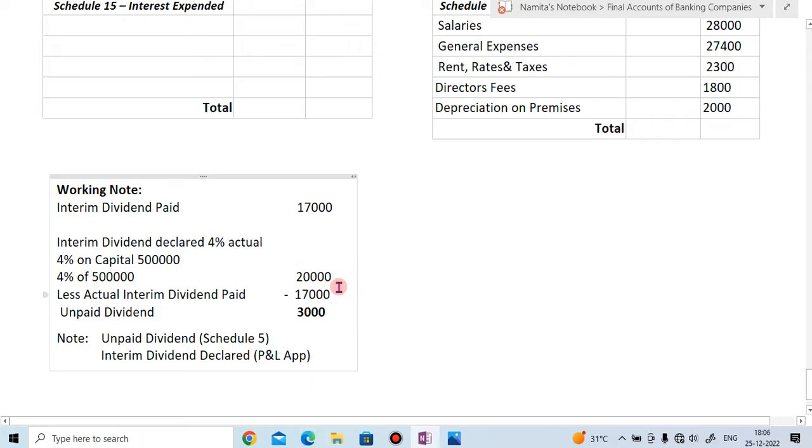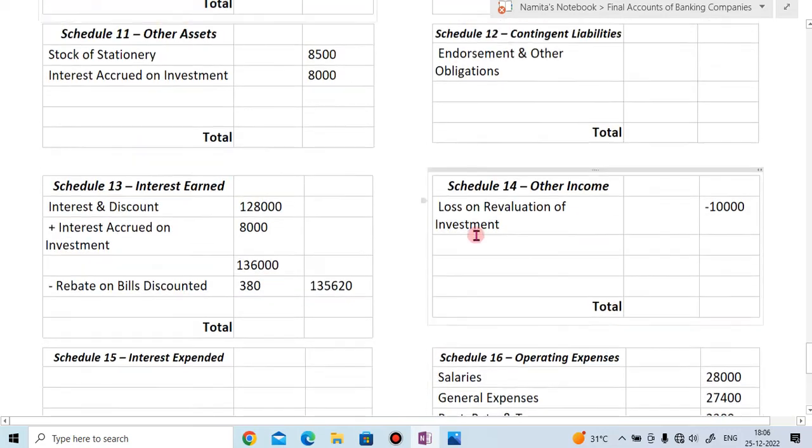But how much of the 20,000 did they pay? 17,000. So the remaining unclaimed dividend is 3,000. Means this 3,000 is not paid to the shareholders, right? So this 3,000 will come in schedule number 5 and 20,000 will come in profit and loss account appropriation.